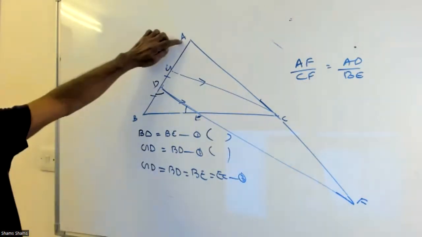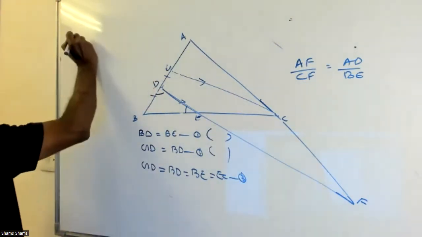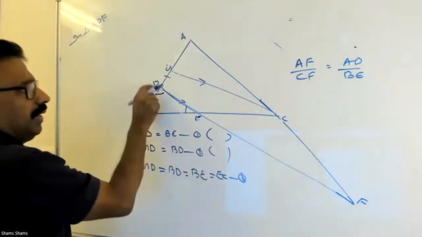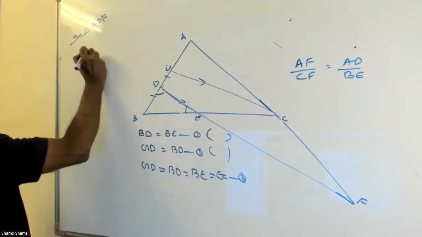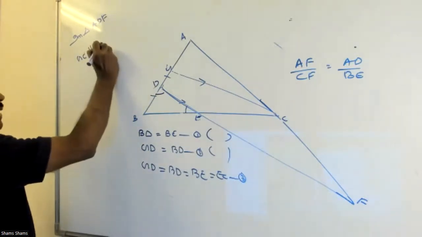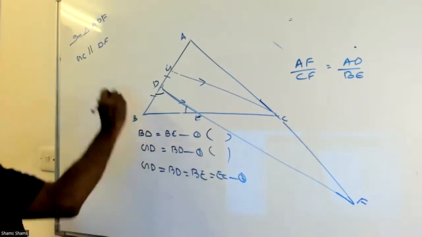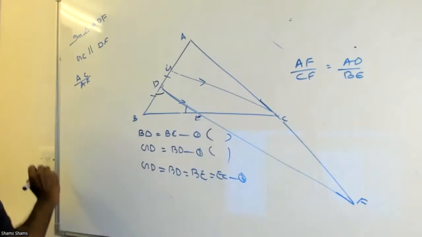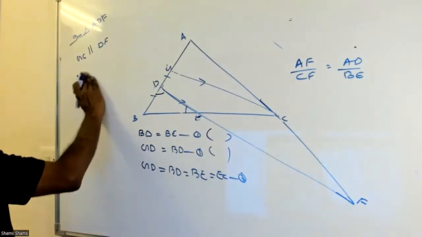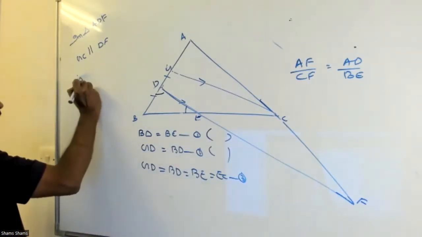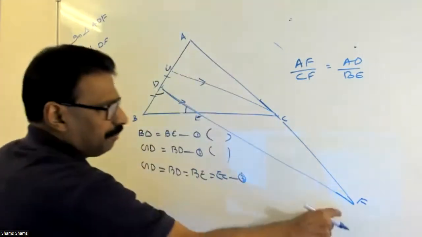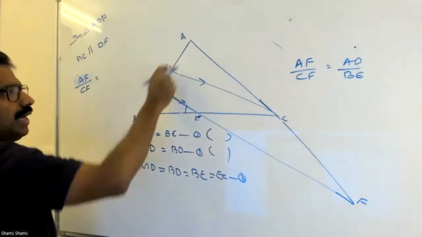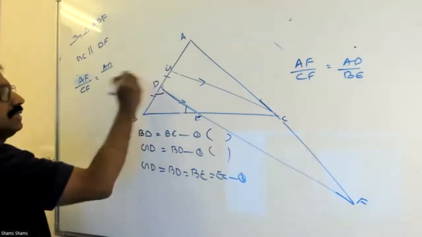Now, last section. The big triangle. In triangle ADF, GC is parallel to DF. Then by basic proportionality theorem, AF by CF equals AD by GD.